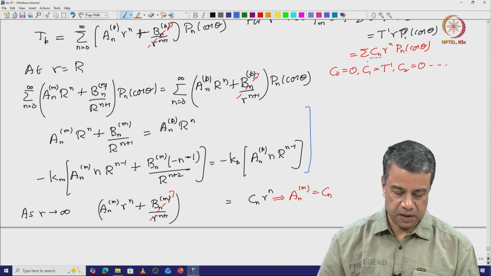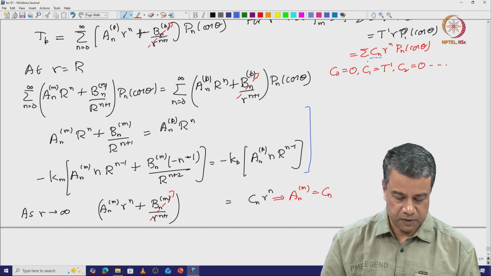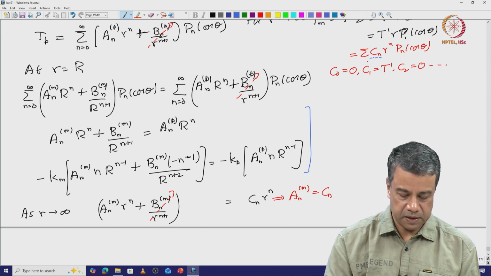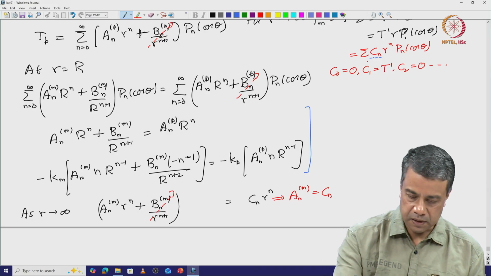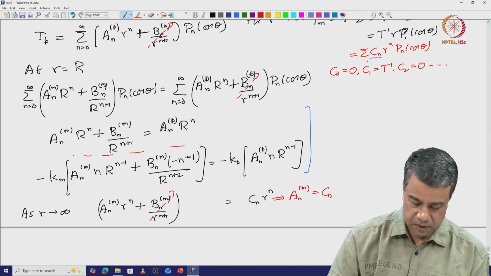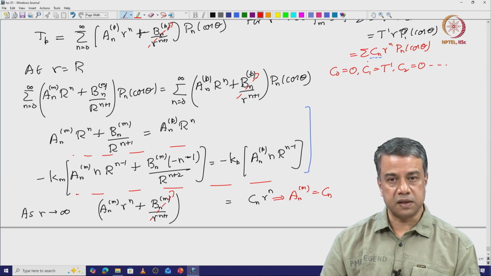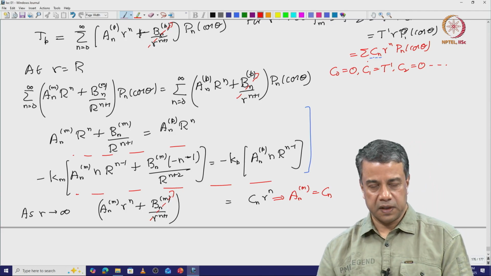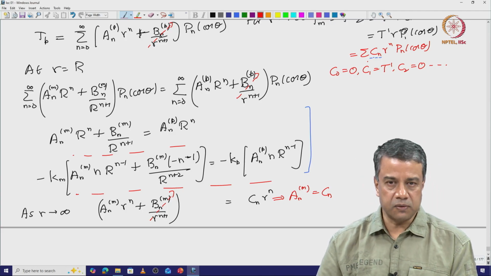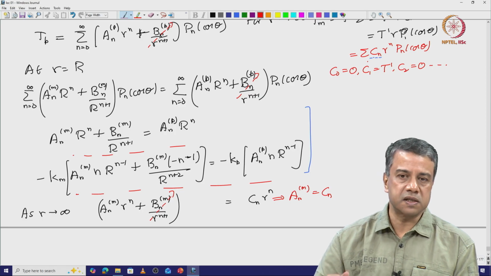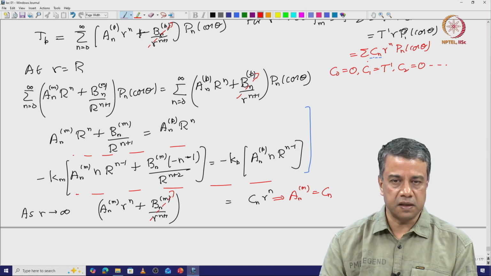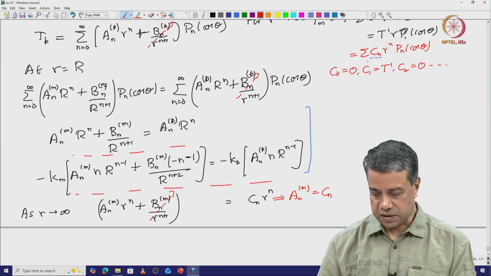In fact, if you put A n matrix equal to 0, B n matrix equal to 0 and A n particle equal to 0, these equations are identically satisfied. Therefore, for n not equal to 1, where the boundary condition as r goes to infinity is identically 0, all of these coefficients are 0.